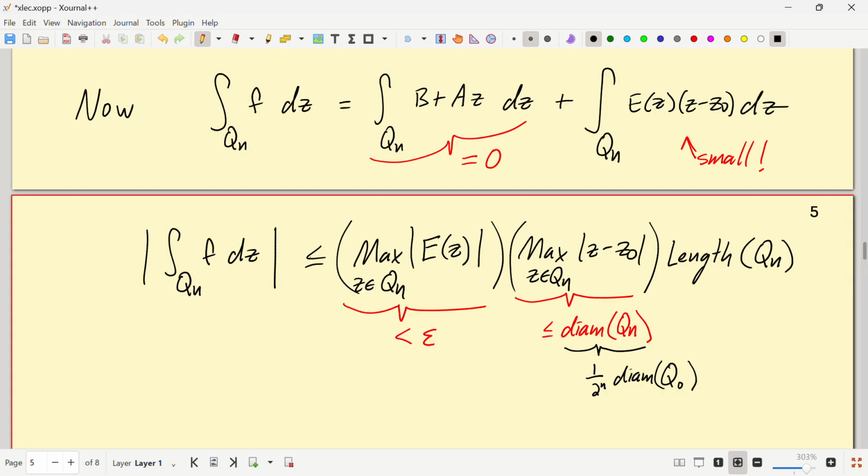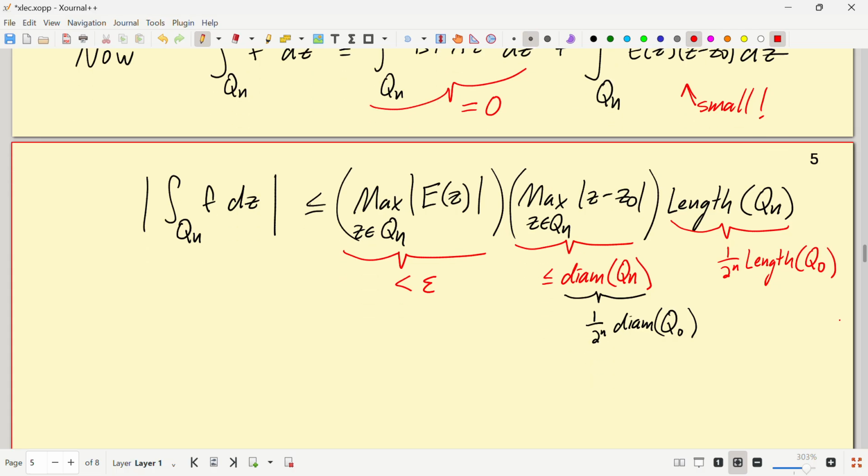Okay, so that's really small. My length is also 1 over 2 to the n. So this one is 1 over 2 to the n times the length of my first one. And so I get 1 over 4 to the n.